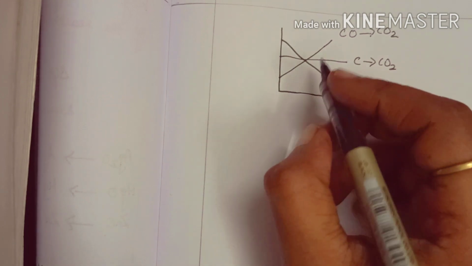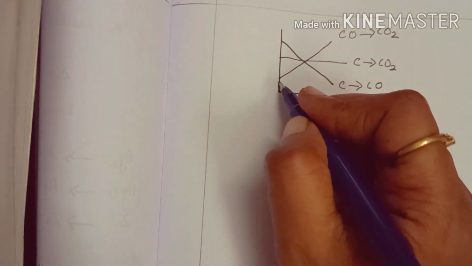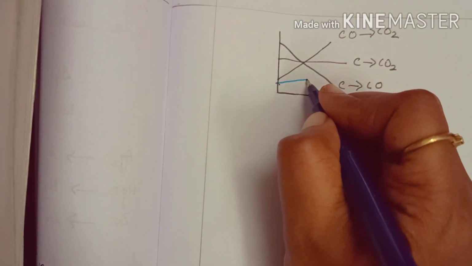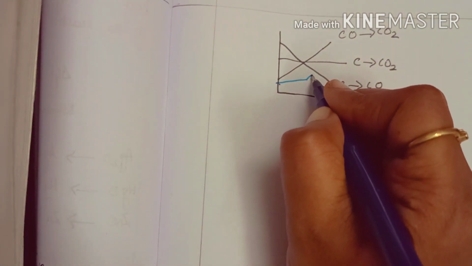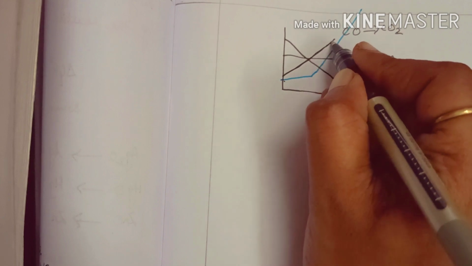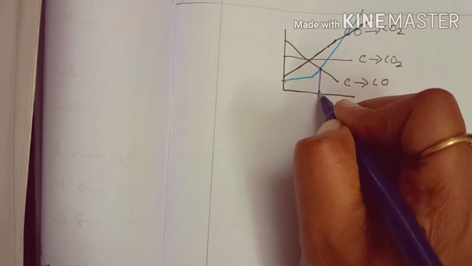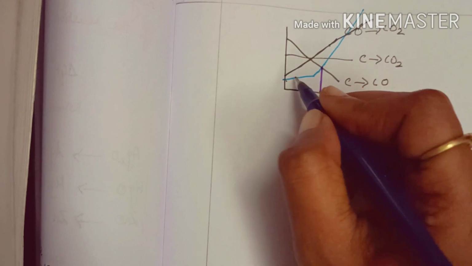Now I am taking a metal oxide, ZnO, so hence I am extending this line. Now you can see 3 temperatures here, 3 intersecting points with the metal oxide.